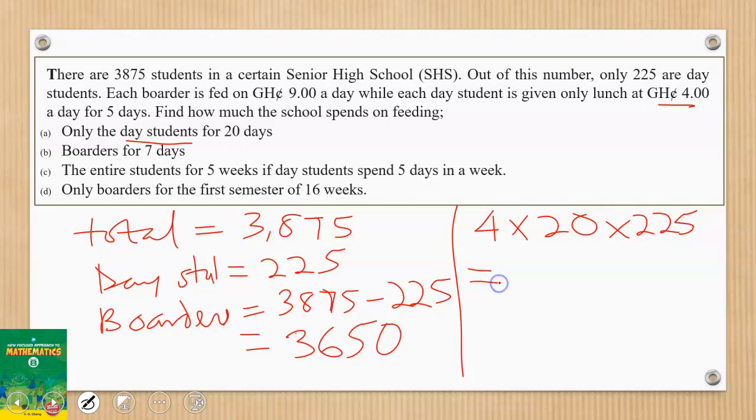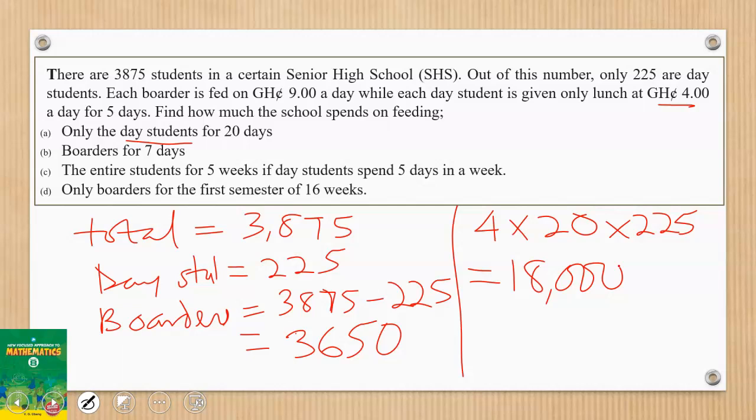When you take your time and you multiply all these figures together, it will be 18,000. That is how much the school will spend on the day students for 20 days.